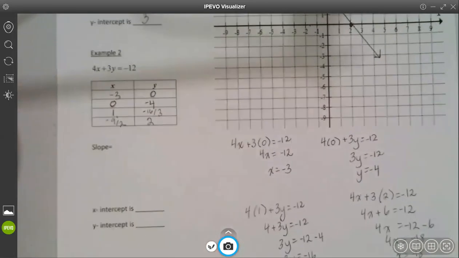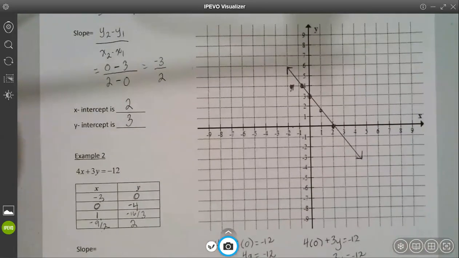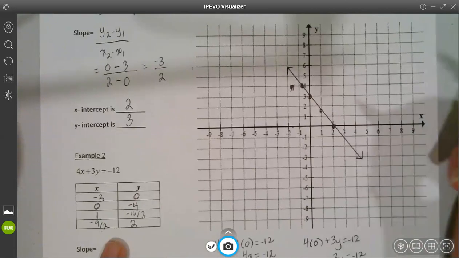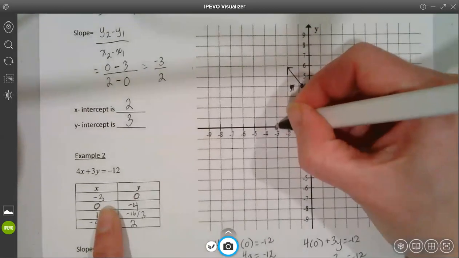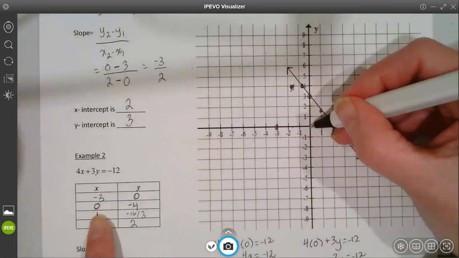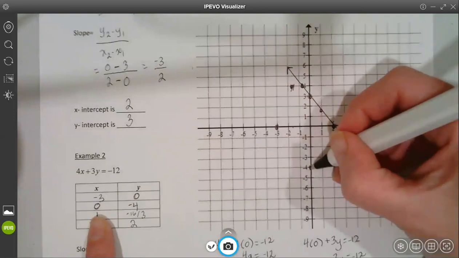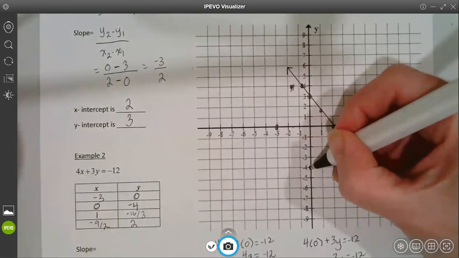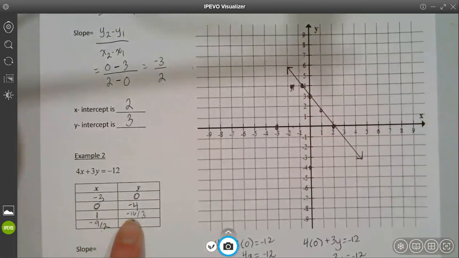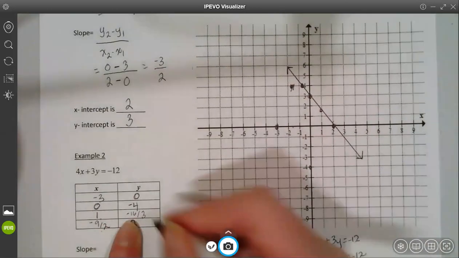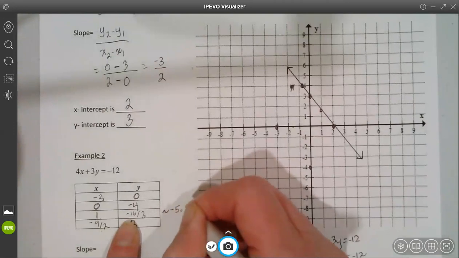So now we've got our table of values. And now we're going to have to move down a little bit. And now I'm going to plot these points. So I'm going to go to negative 3 and 0, x value of 0, and a y value of negative 4. And we have 1 and negative 16 over 3. Now, 16 over 3 works out to be approximately negative 5.3 as a decimal.